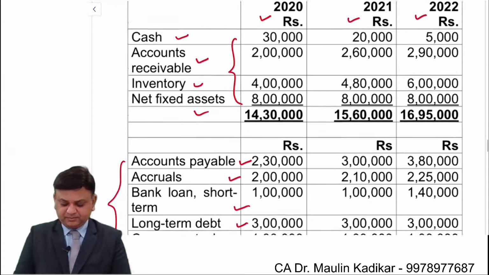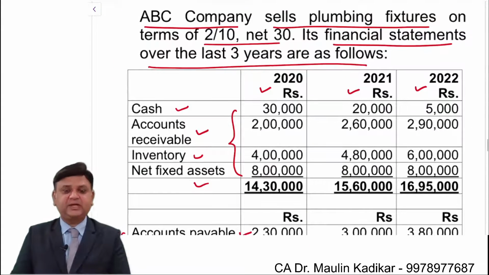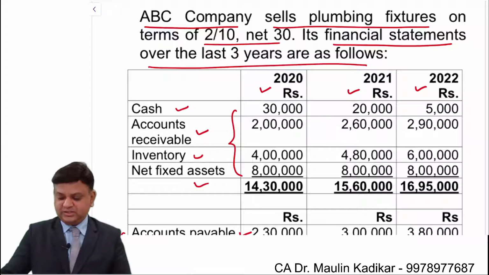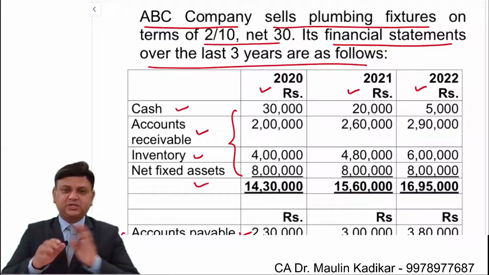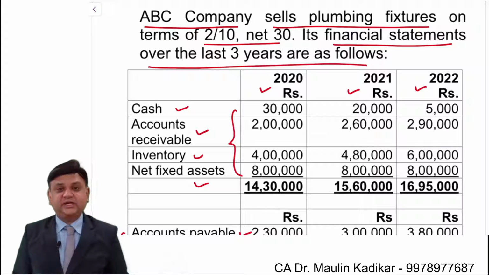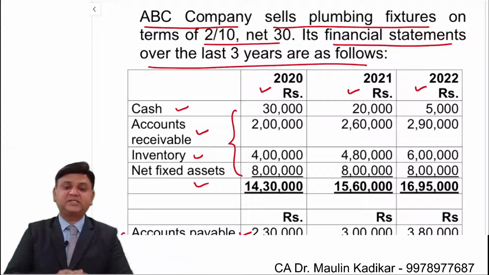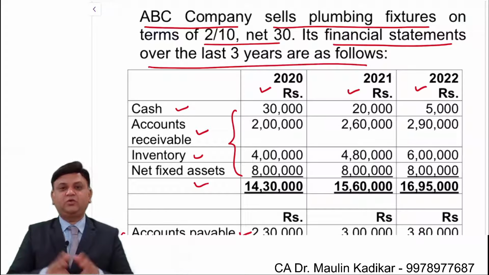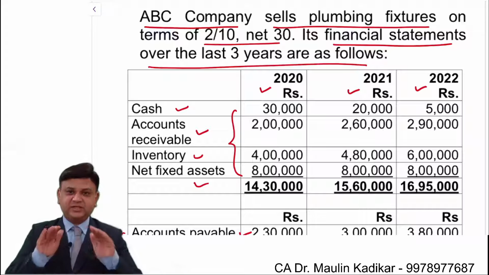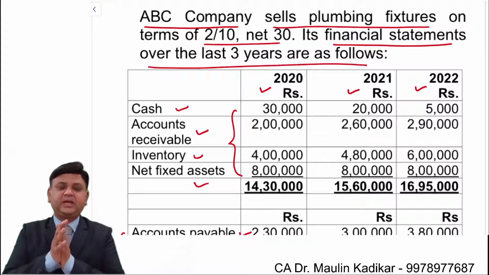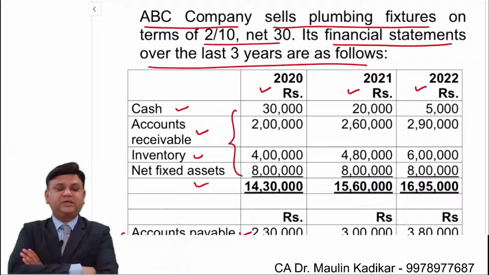This is the kind of information provided to us, and based on that we are required to do analysis. Generally, friends, these kinds of questions are not asked in examination, wherein you are provided with open-ended information and required to decide which ratios to calculate and what comment to pass.